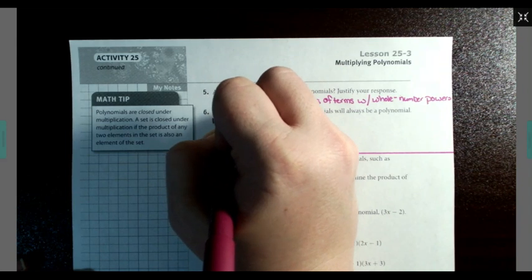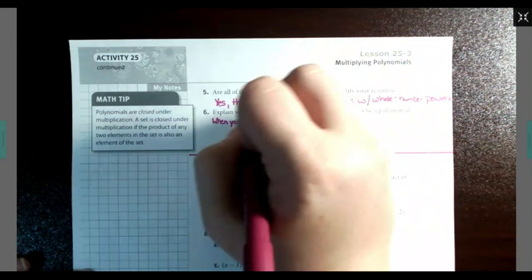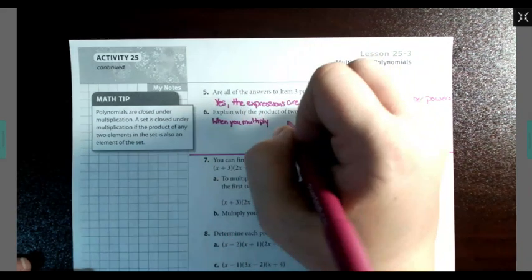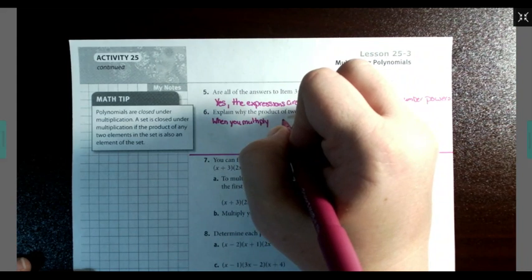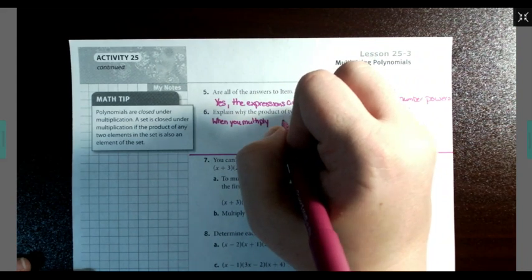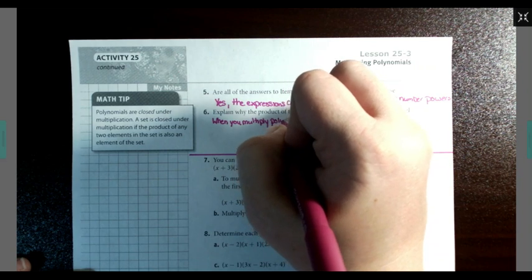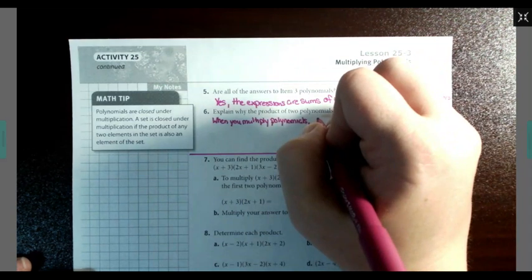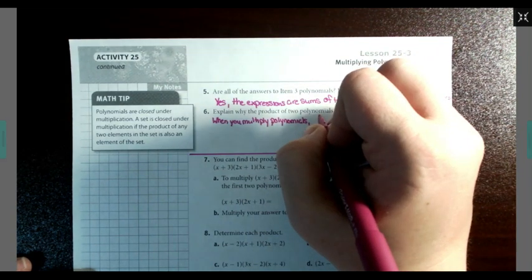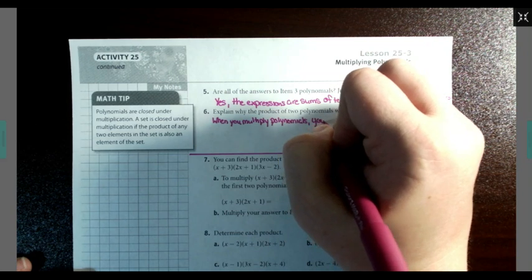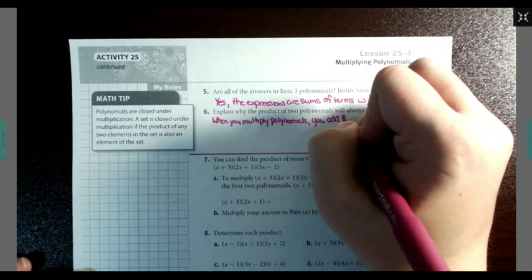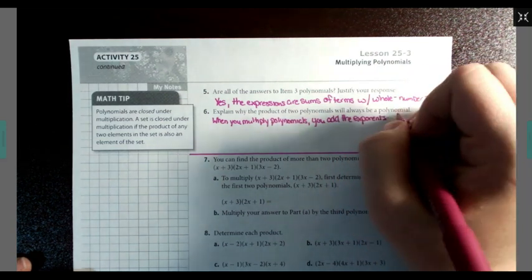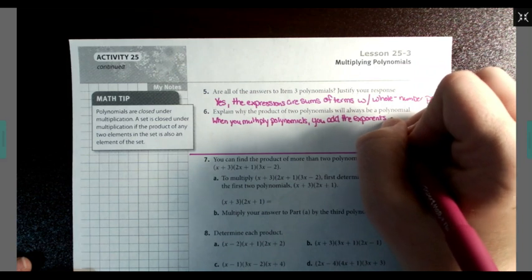When you multiply polynomials, you add the exponents of terms with the same base.